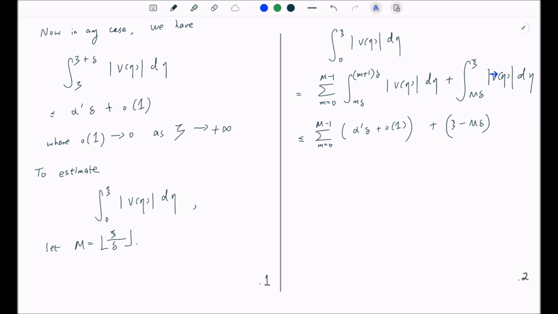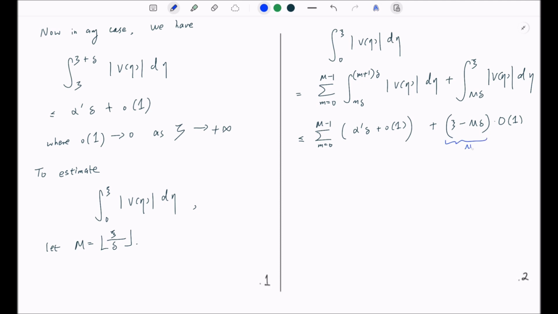And the integrand, this function v, is always a bounded number. So this integral will be bounded by delta times big O of 1, which is again a big O of 1.